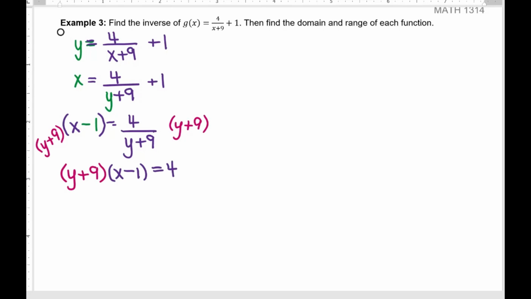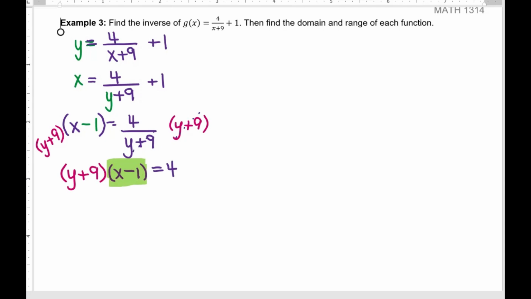Because on the left-hand side, it stays, but on the right-hand side, the y plus 9 cancels out. And I know you're thinking, I don't want to distribute and FOIL this. Okay, so let's not.